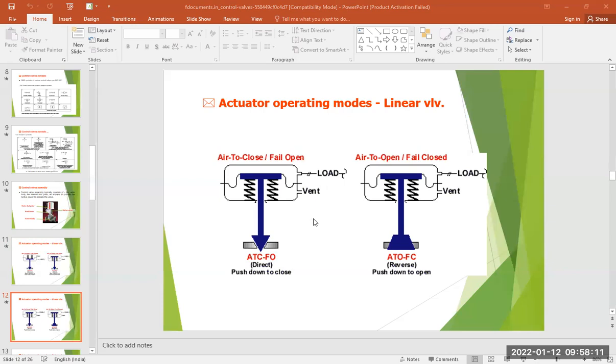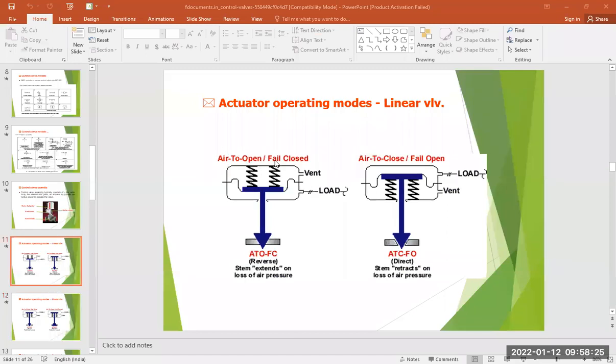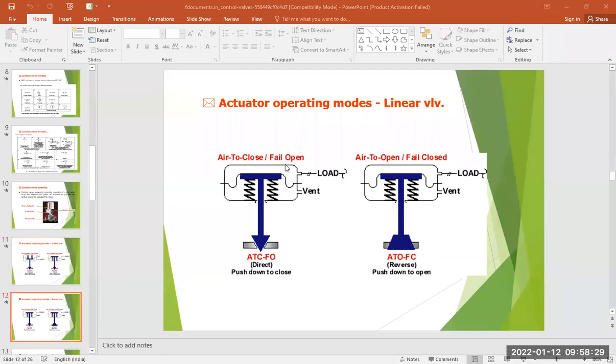This is another similar type, an air to close, fail open type of linear control valve. Another one is the air to open, fail closed type of valve. First you have to see air to open, fail closed, then air to close, fail open is the other type. Same logic, and it uses pneumatic operation also.